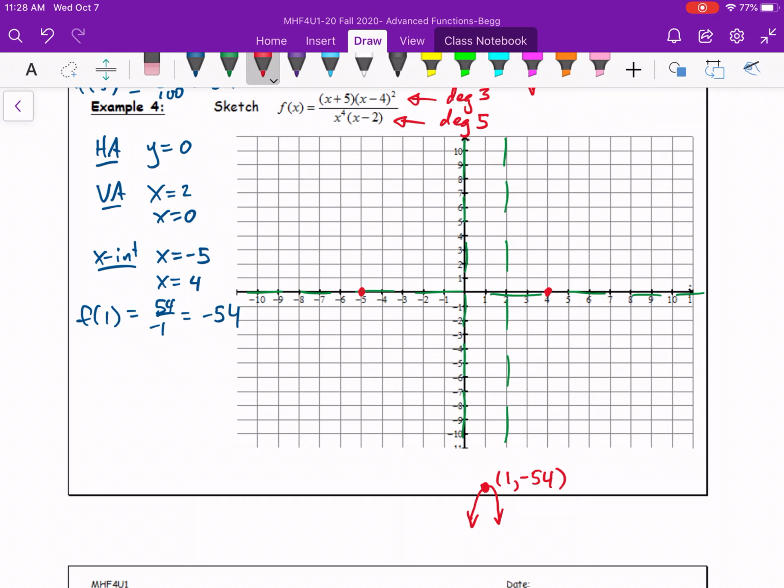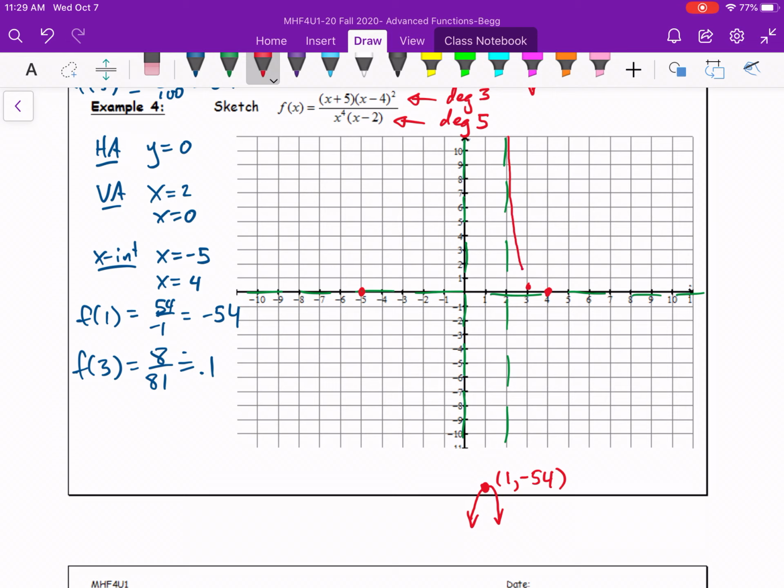Let's try another test point. How about at x equals 3? Then I'd have 8 over 81, which is approximately equal to 0.1. So we have something that is just above the x-axis here. So if we know we got one that's just above the x-axis, it must be coming down again from the top.